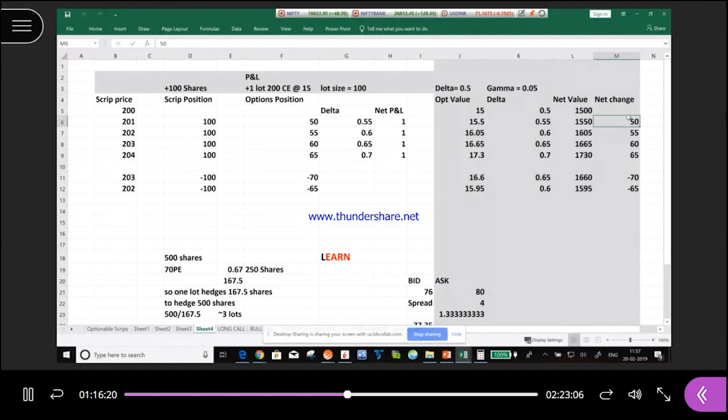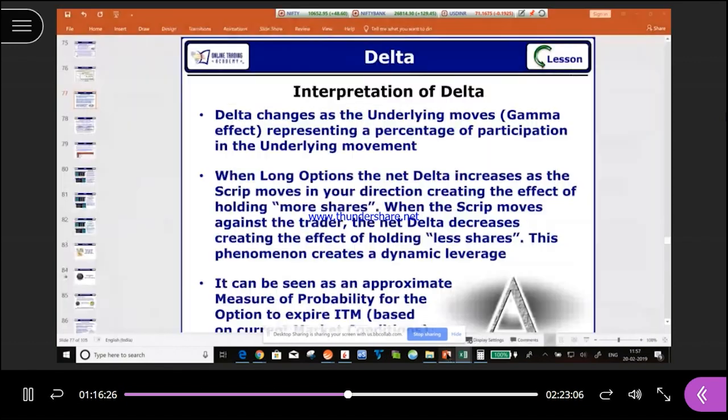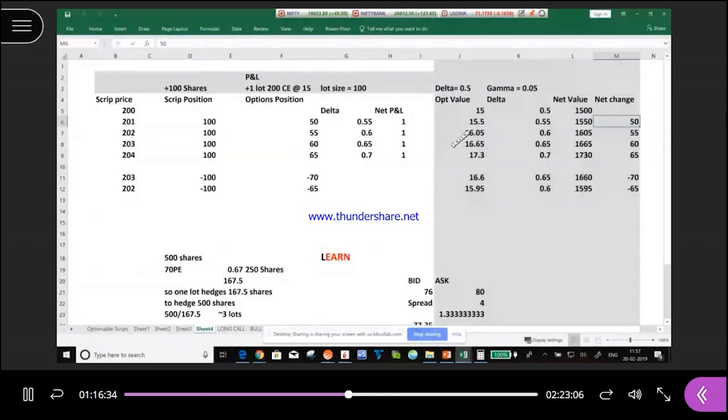Or 100 shares are only moving half a rupee. So delta changes as the underlying moves, representing a percentage of participation in the underlying movement. When the delta is 0.5, it means that 50% of my shares are participating when the underlying moves and the other 50% are sleeping. Got it?